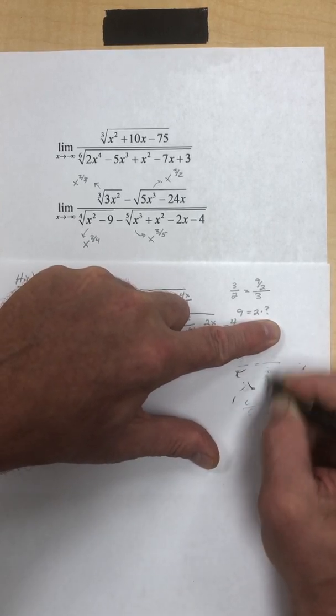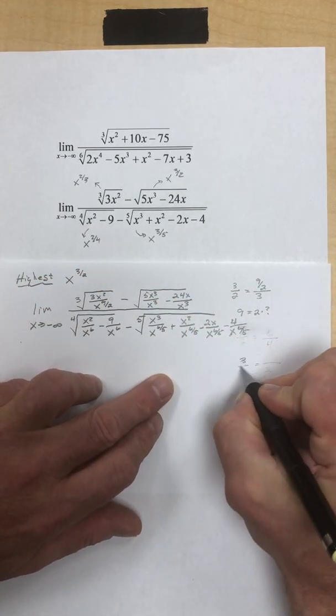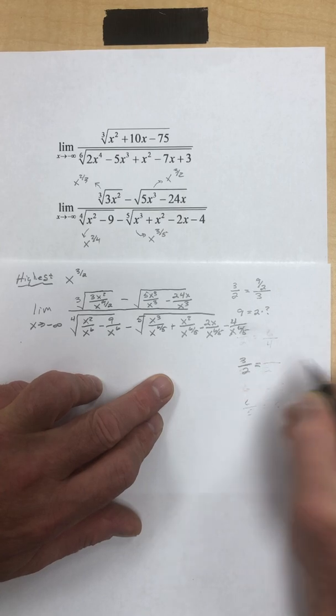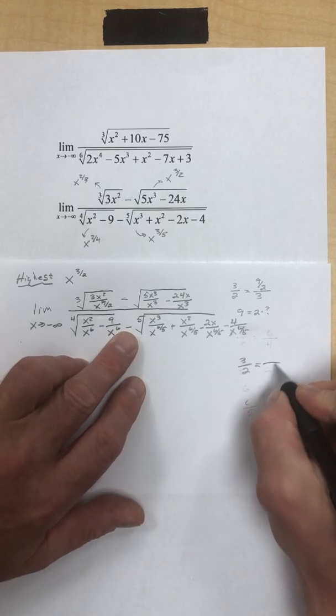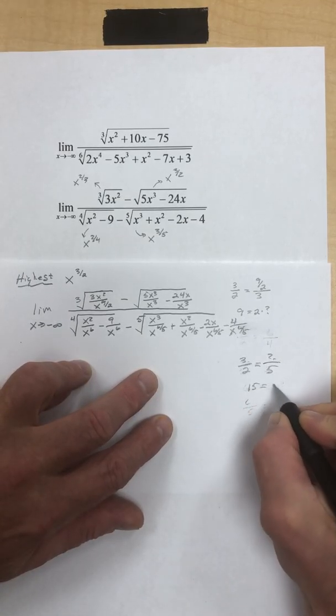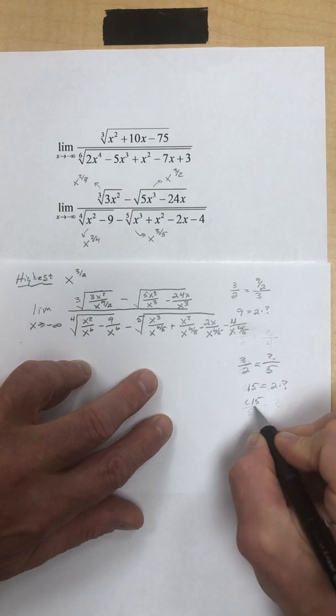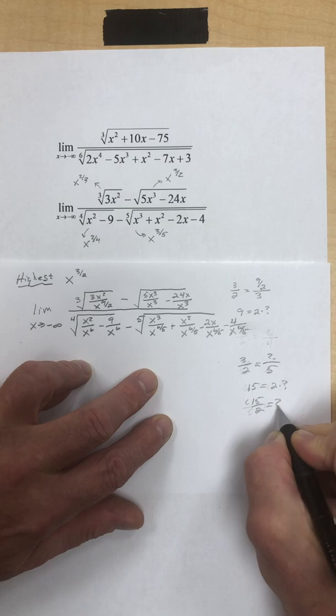So let's go back and check it. I want to divide by x to the 3 halves, but it's fifths. So what's this going to be? Well, 3 times 5 is 15, and 2 times something. So there we go. It's 15 halves is my something.